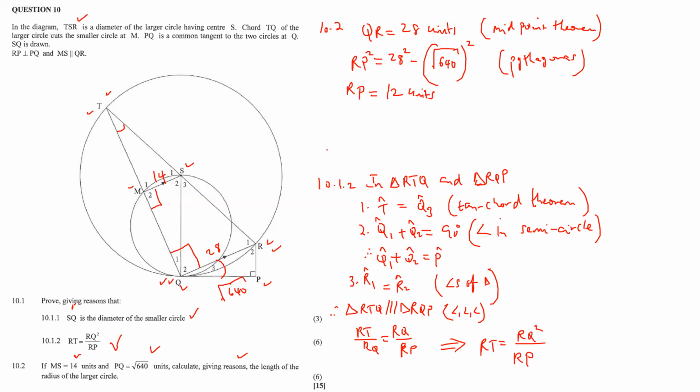If RP is 12 units, we know that RT is equal to RQ squared divided by RP, from the previous result, 10.1.2. So RT is 28 squared divided by 12.